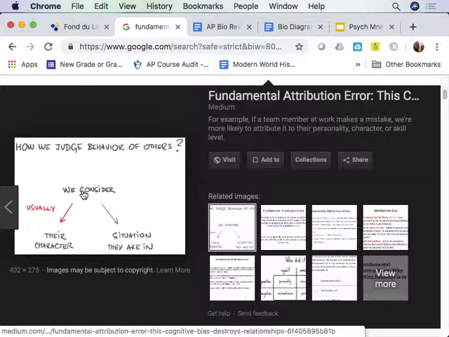Attribution is looking at how I explain your behavior or just behavior in general. So if it's fundamental attribution error, I explain somebody else's behavior, and the error is I attribute it to their character. So if somebody cuts me off in line, I'm going to think they're an idiot. Like, don't they get that there's a line here?